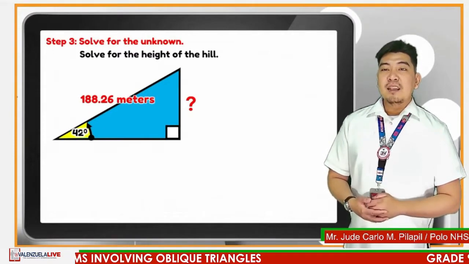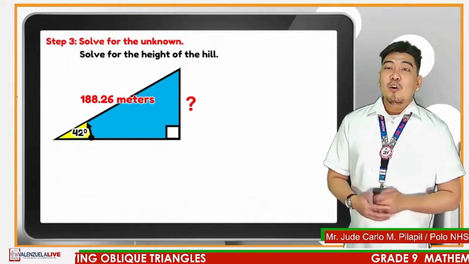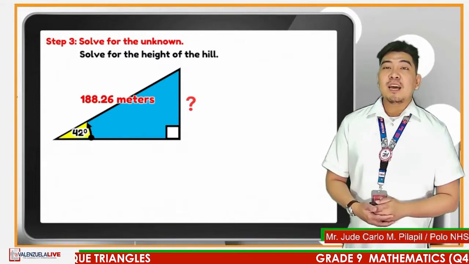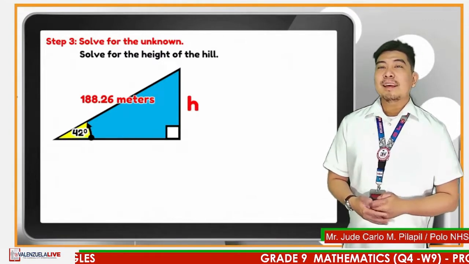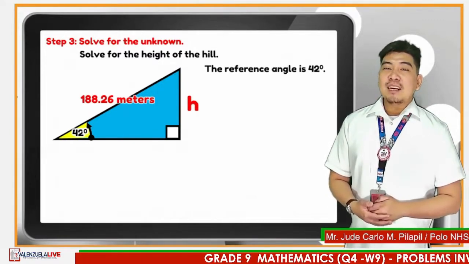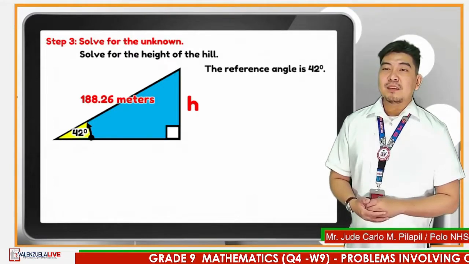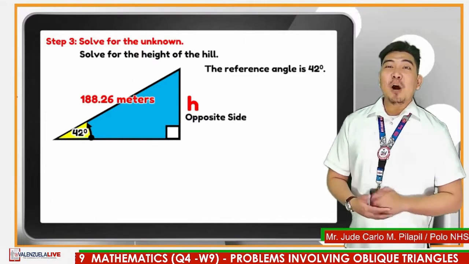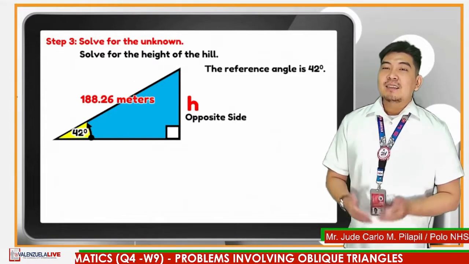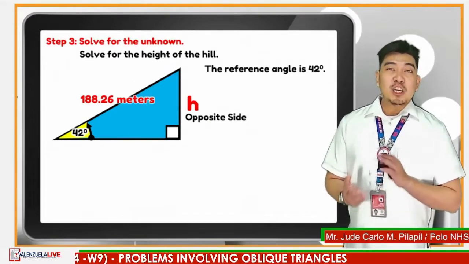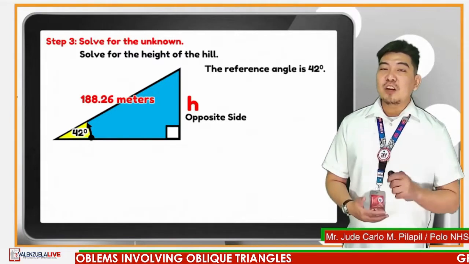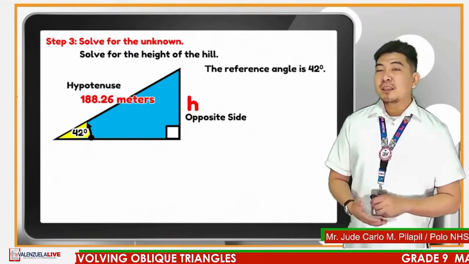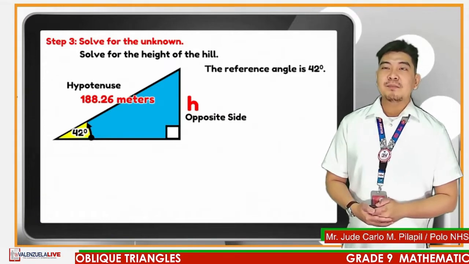Let us represent the height of the hill, or the missing side of the right triangle, as h. Note that the reference angle is 42 degrees. With respect to the reference angle, h is the opposite side. The side that has the measure 188 and 26 hundredths meters is the hypotenuse of our right triangle.